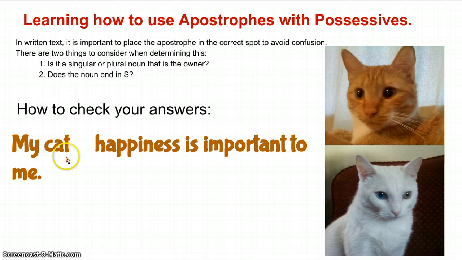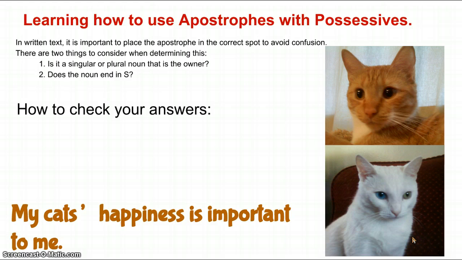Is cat indicative of how many we have here? No, it's not. So we know it's wrong. We would have to get rid of that sentence and rewrite it. Cats, now the apostrophe is outside the word. Cover it up. Are we talking about more than one cat? Yes, we are. We're talking about Ranger and Rufus.